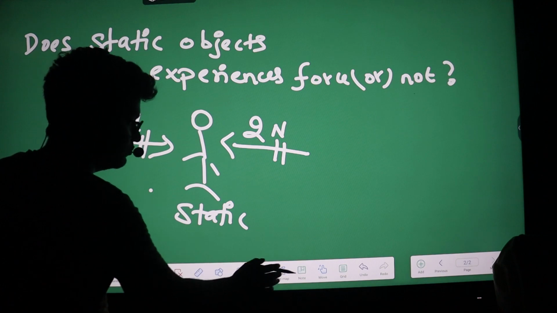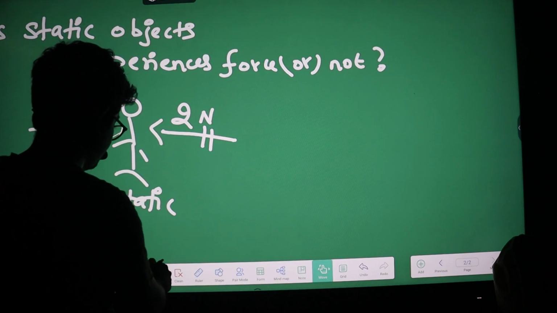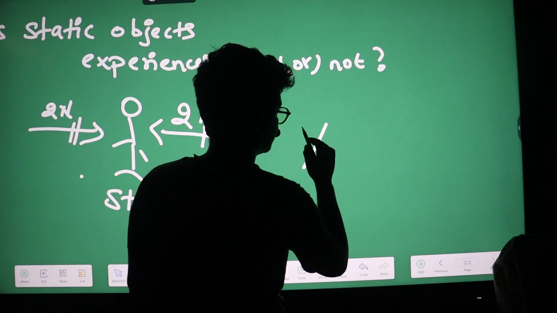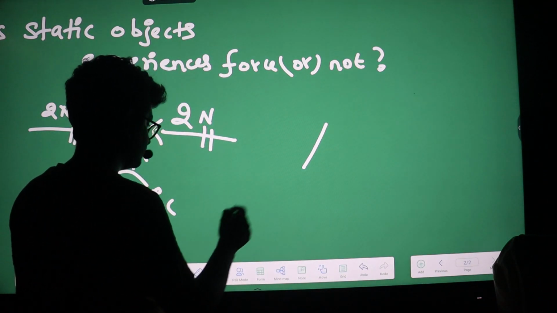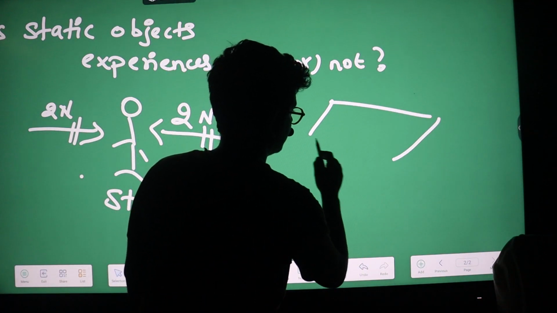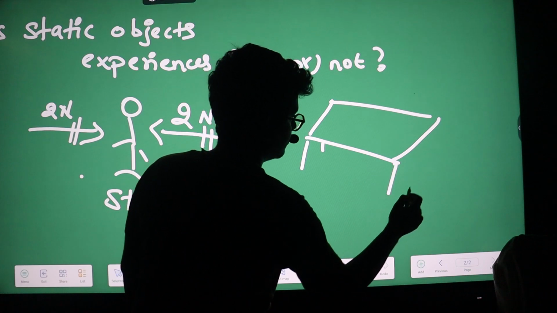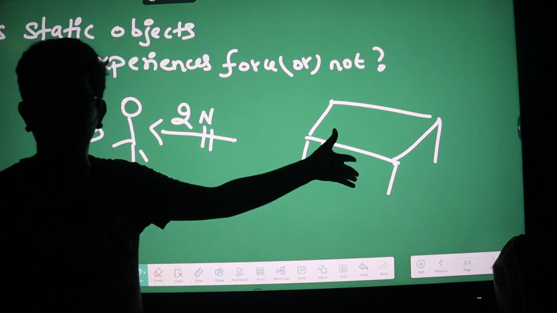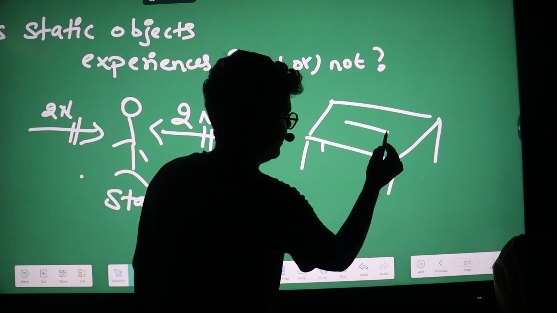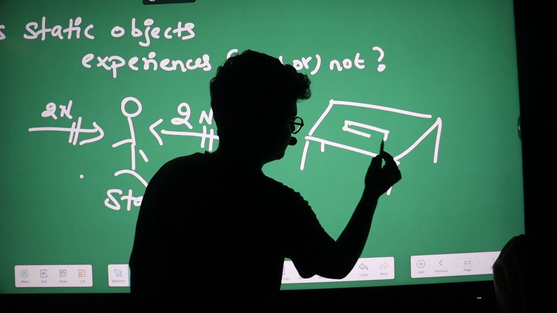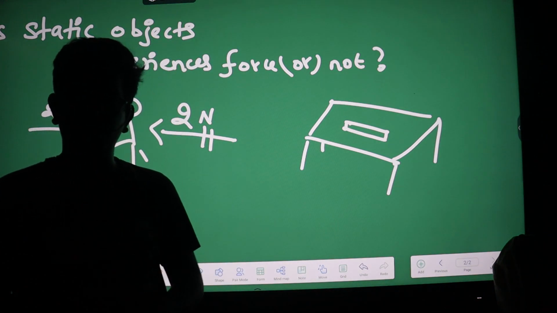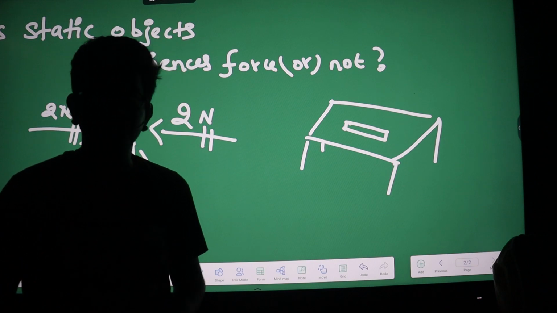For example, in the laws of motion chapter, it is a table here. In this table a pen is there or a book is there. This book kept on the table is not falling down.